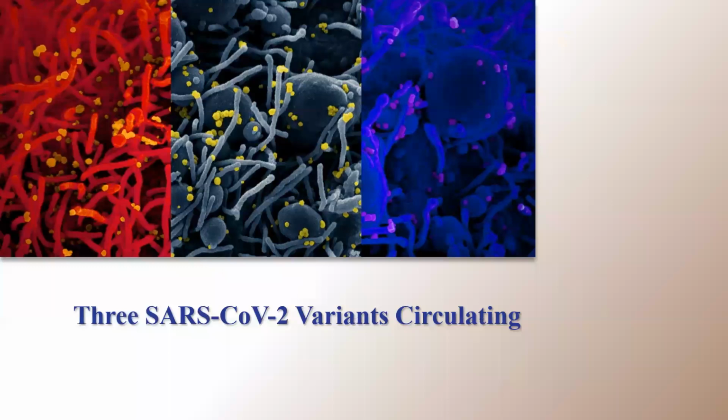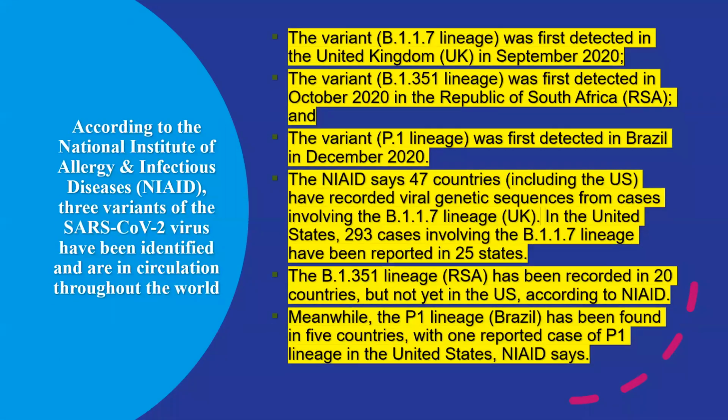There are 3 types of variants circulating at this point. Variant B.1.1.7 was first detected in September of 2020 in the United Kingdom. Then we had B.1.351 in South Africa, called the South African variant, and there was one also in Brazil at this point.